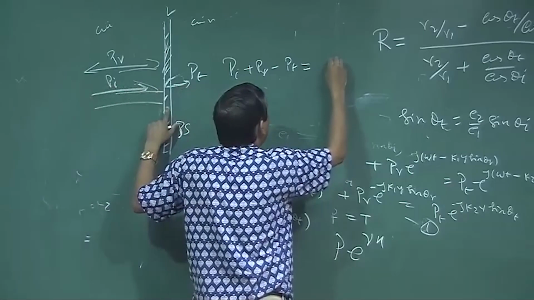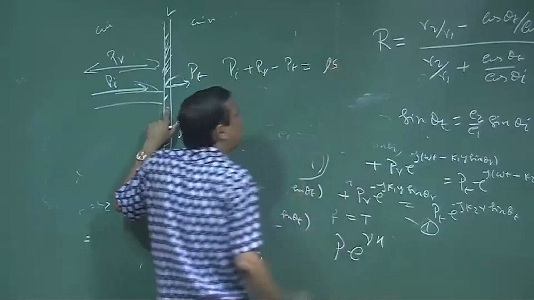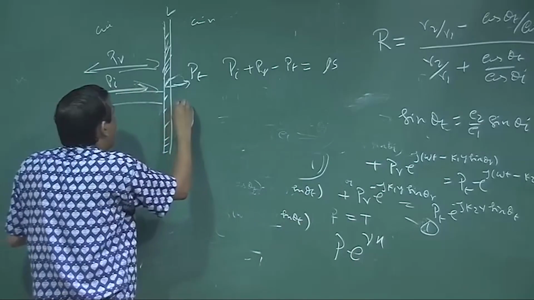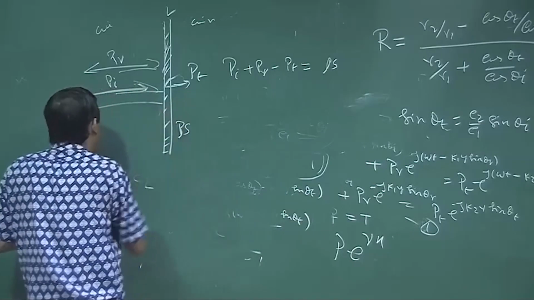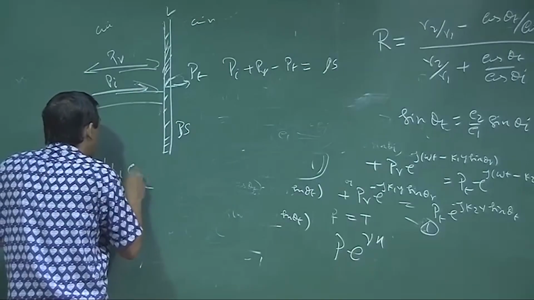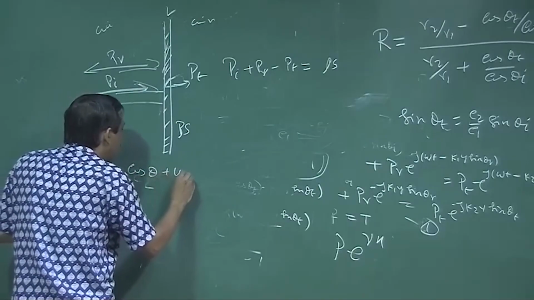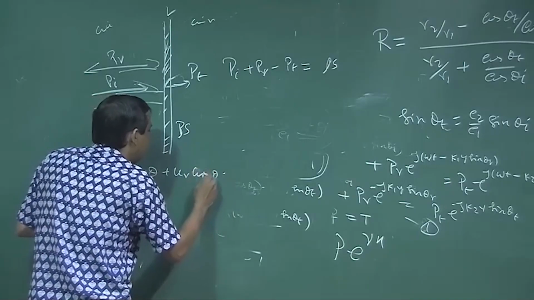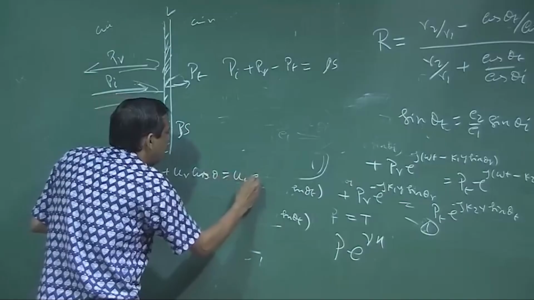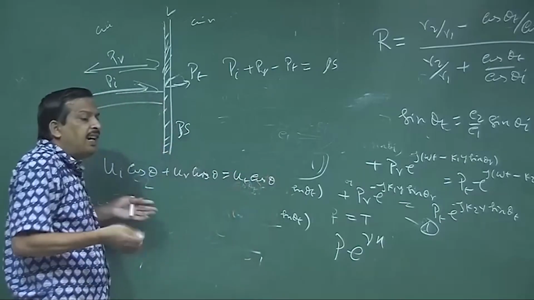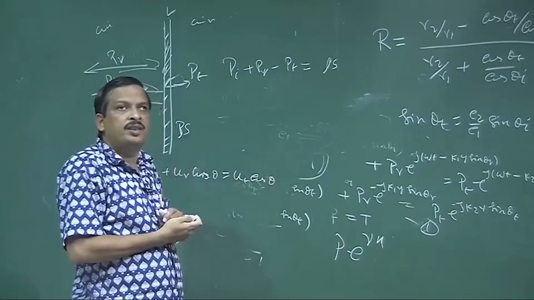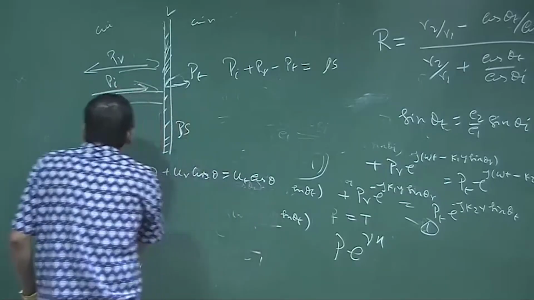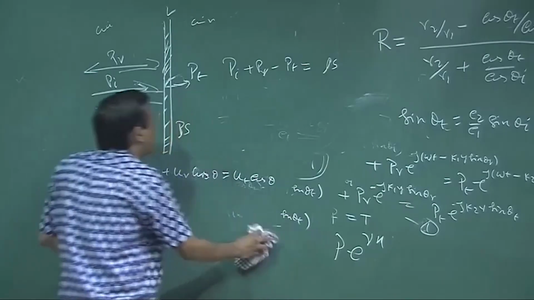What is the surface density? Rho S is the surface density. What is the acceleration? The normal component of the particle velocity on this side is ui cos theta plus ur cos theta, equal to ut cos theta, where theta is the angle of incidence.